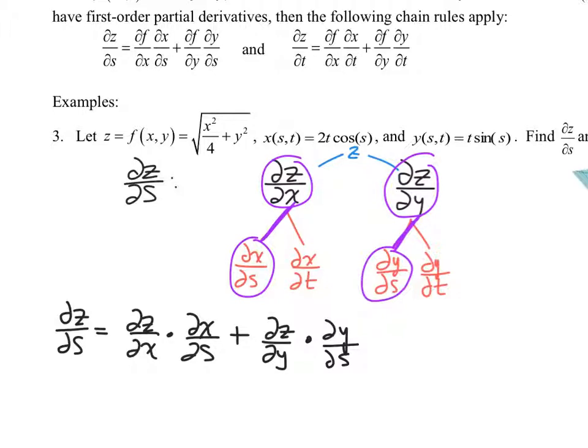Now I have the roadmap. I'm going to follow it. I need a partial z with respect to x, which means I'm going to work with the original function. So z is equal to, I'll write it as, x squared over 4 plus y squared to the 1/2.